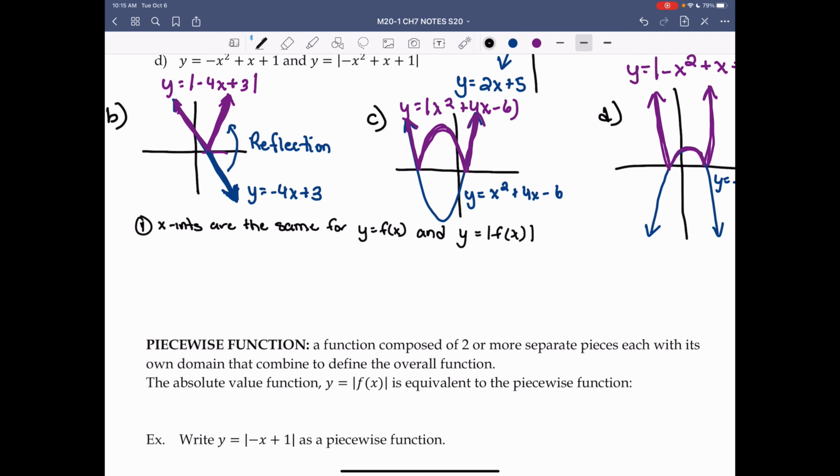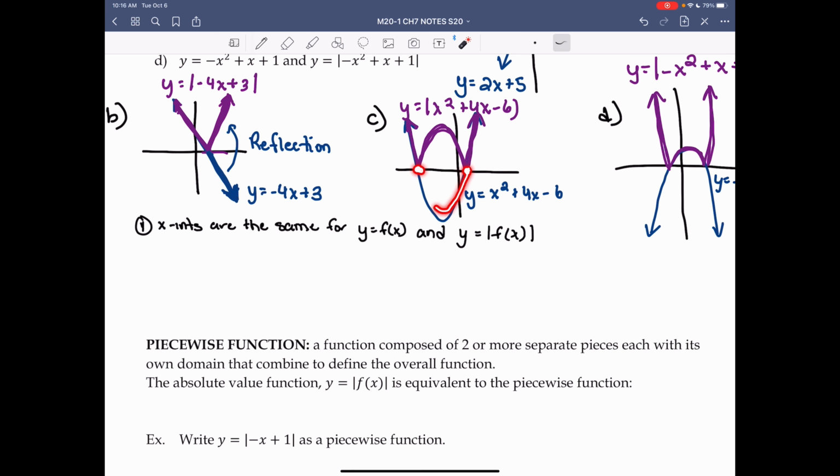We see that on B here, our x-intercept is here. That point is the same on both functions, and then anything below that gets reflected up across the x-axis. Here we have our x-intercepts are the same.